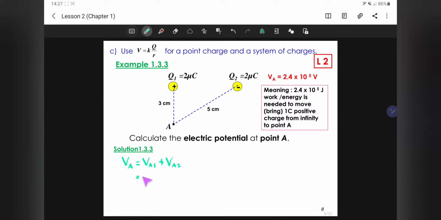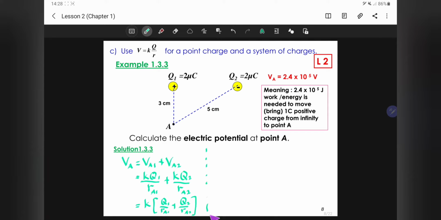So VA1 equals kQ1 over RA1 plus kQ2 over RA2. We may simplify the equation to be k multiplied by Q1 over RA1 plus Q2 over RA2.